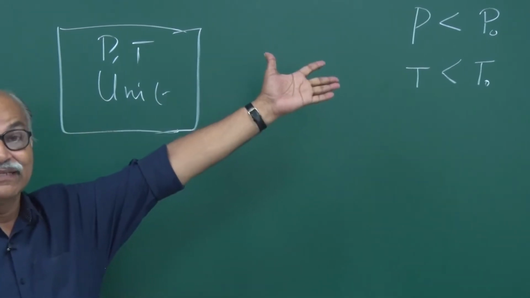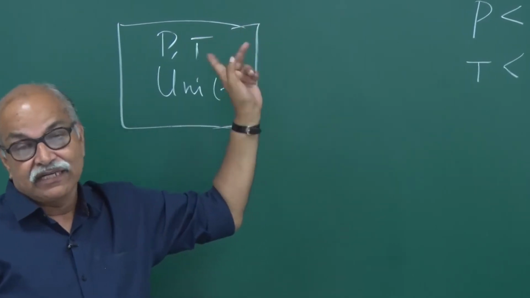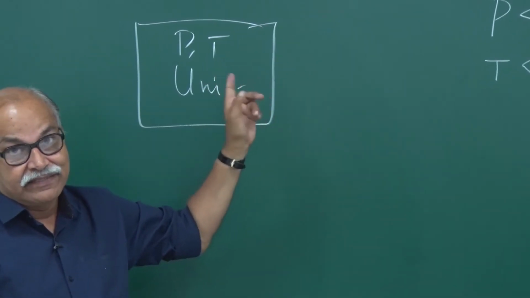It should not exceed that. If it exceeds, then there should be a signal which says shut down this plant here itself.